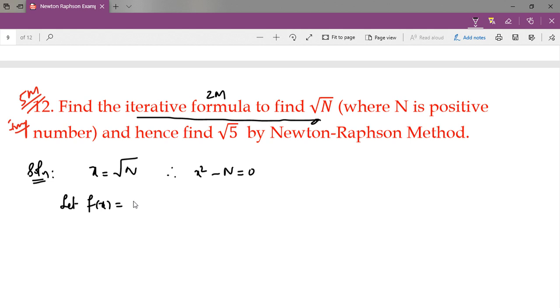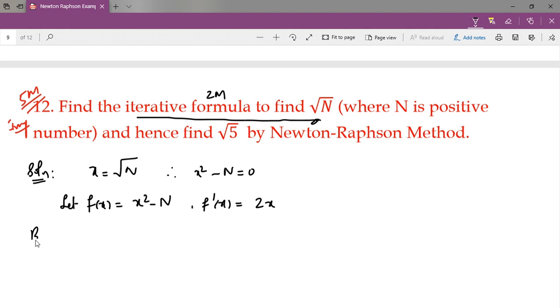So let f of x be x square minus n, where n is a positive number or natural number. Now, what is f dash of x? f dash of x is equal to 2x, because n is a constant and its differentiation is 0.